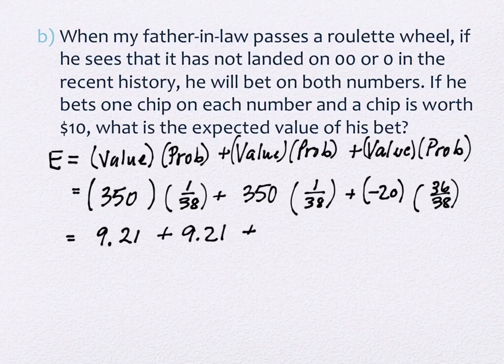And then I need negative 20 times 36 over 38. And what do we get? Oh my goodness, I made a mistake. There we go, I think I'm back. What was it? 18.95. Fabulous, 18.95.